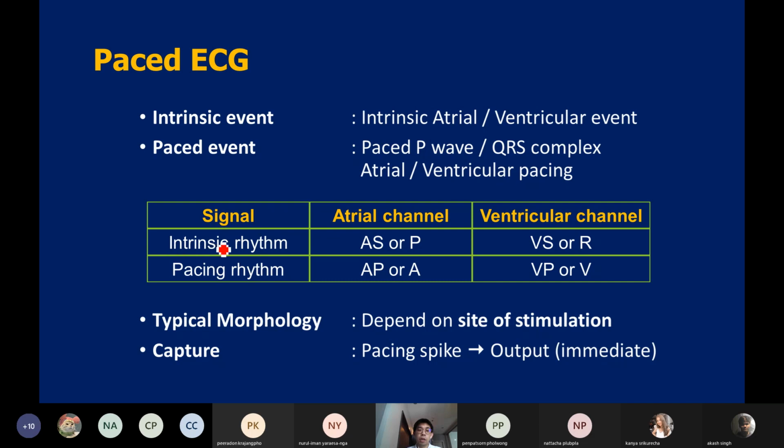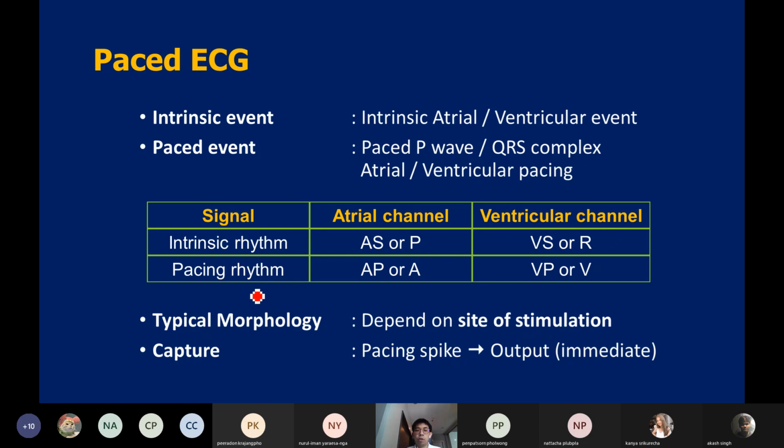If an intrinsic P wave comes, the atrial channel would sense the P wave, and it is called a sense. If there is an intrinsic ventricular signal, it is called a V sense.